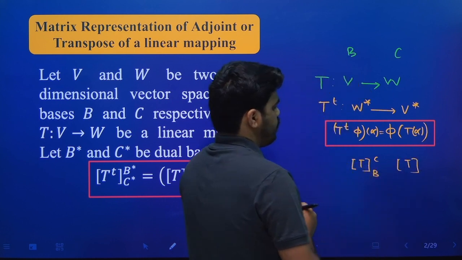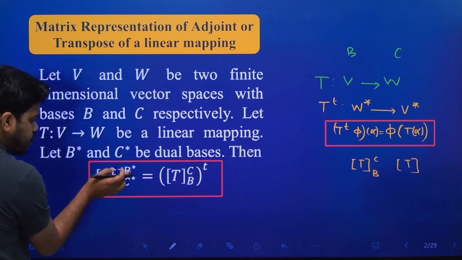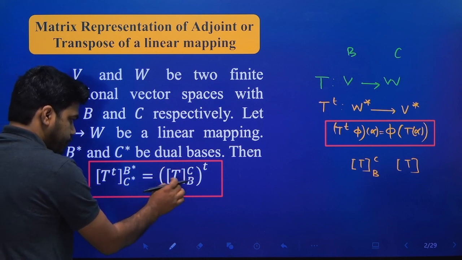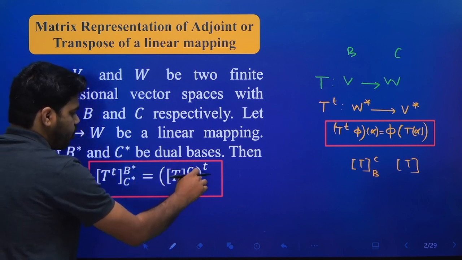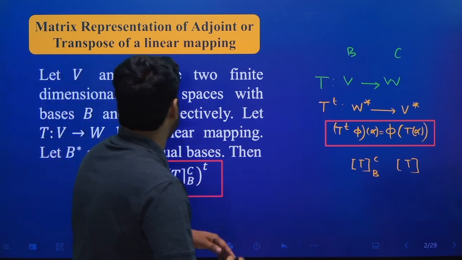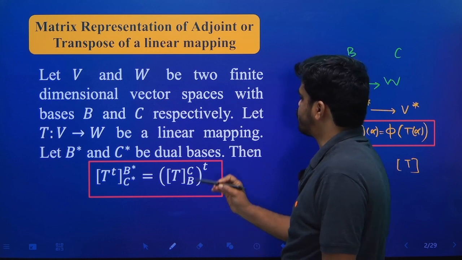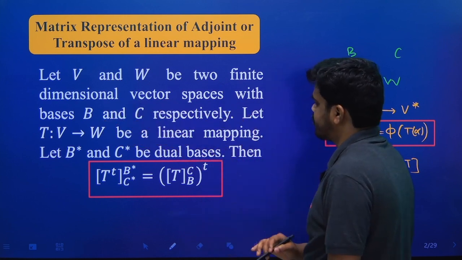So the matrix of T transpose from C star to B star equals the matrix representation of the linear mapping T, whole transpose. So note this: let V and W be two finite dimensional vector spaces with bases B and C respectively.